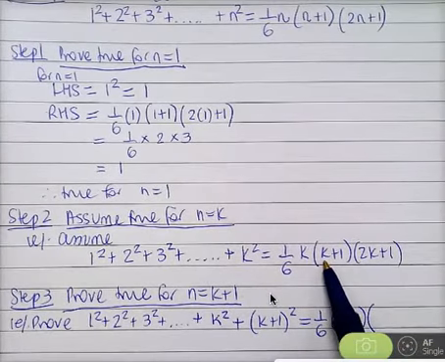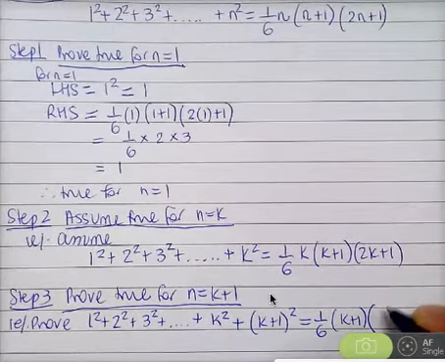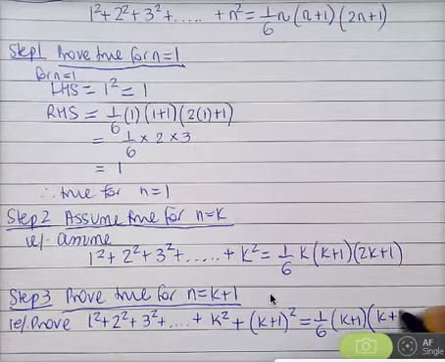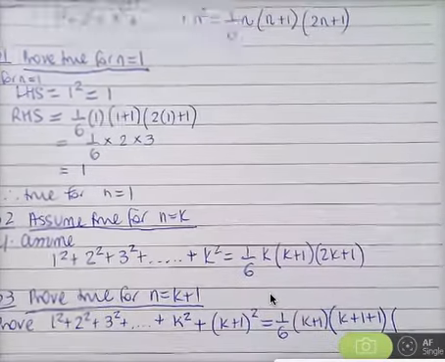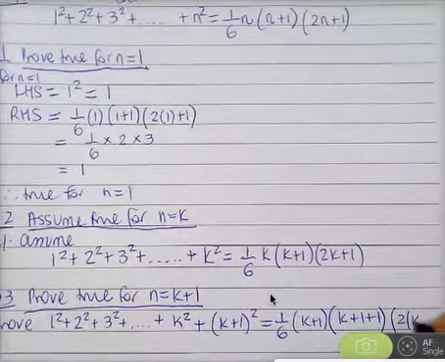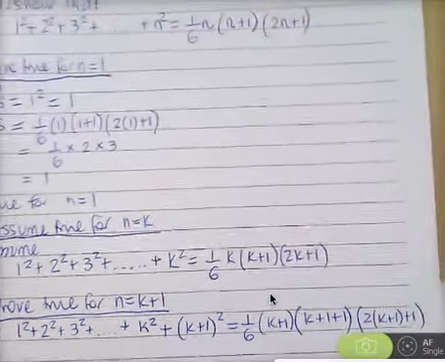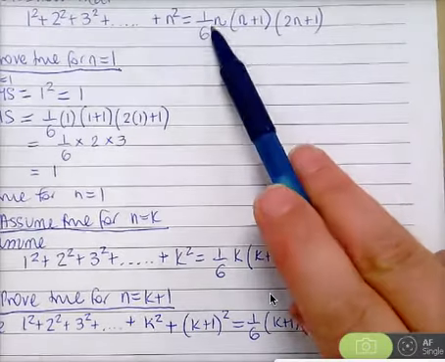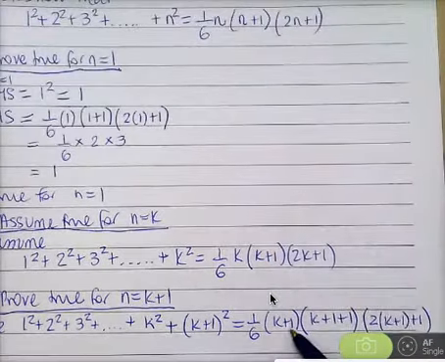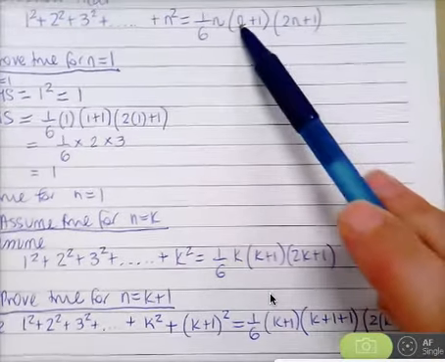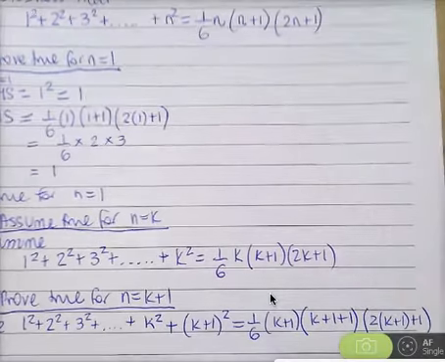This is the same as the k plus 2 or k plus 1 plus 1. Do you know what I mean? I'm going to go k plus 1 plus 1. And what else? 2 bracket k plus 1 plus 1. Can you see I'm replacing the n up here with k plus 1. So I've got 1/6 k plus 1. Replacing this n with k plus 1. Replacing this n with k plus 1.